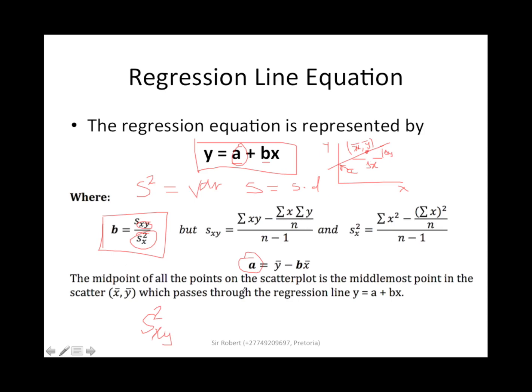We are saying the midpoint of all the points on the scatter plot is the midmost point in the scatter, which is represented by this coordinate, which passes through the regression line. So if x bar and y bar pass through this line, we can substitute their values in order to determine a. That's why if we know your y bar and your b from this formula, and you also know your x bar, then you are able to calculate your a.